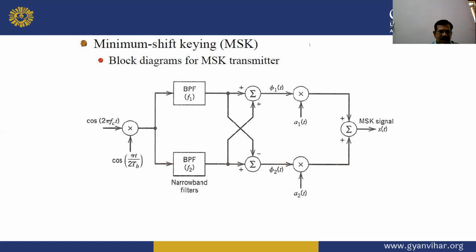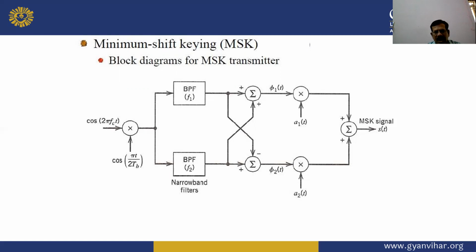At the input, the signal is applied to a multiplication network. The signals are cos 2 pi fc t and another signal cos pi t upon 2 TB. And these signals are applied to the two band pass filters which have the frequencies f1 and f2. And the outputs of these filters are again applied to the two different summations.